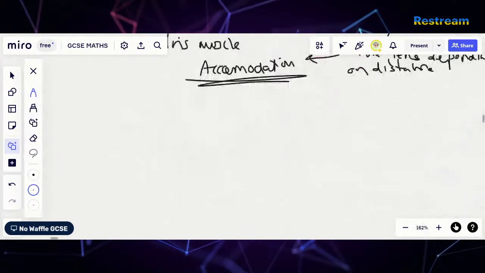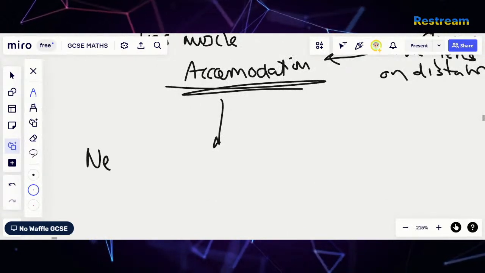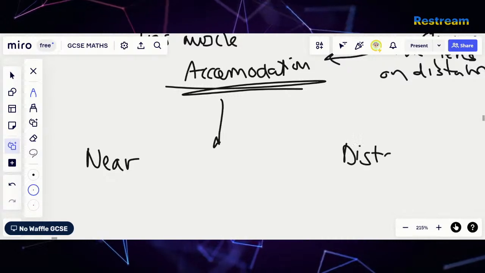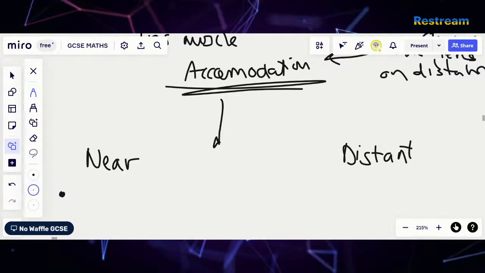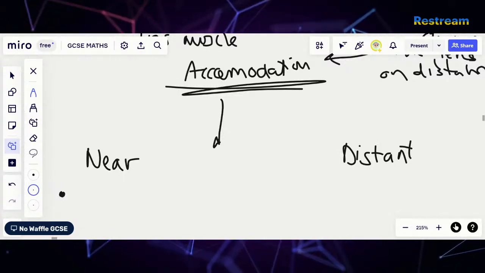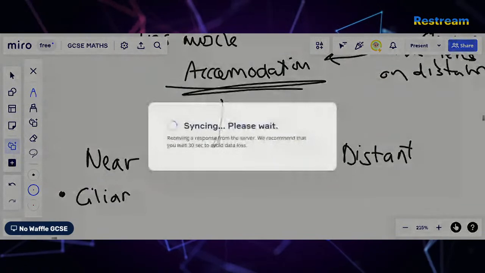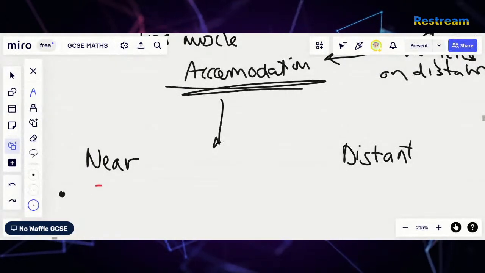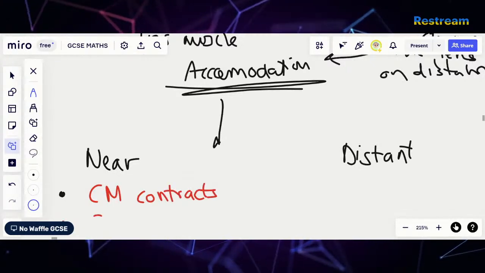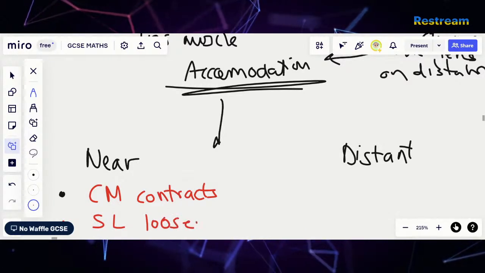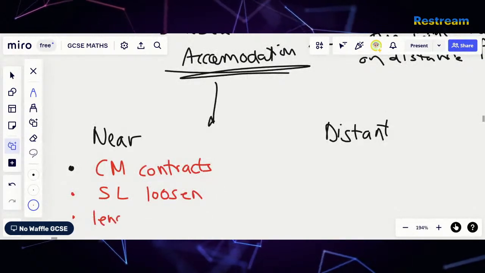So accommodation is like focusing on a near object, focusing on a distant object. So when you're focusing on a near object, the ciliary muscles contract and the suspensory ligaments loosen, which therefore allows the lens to thicken.